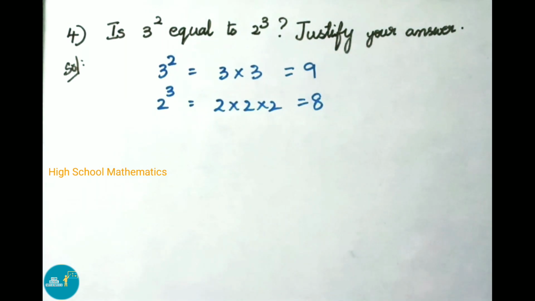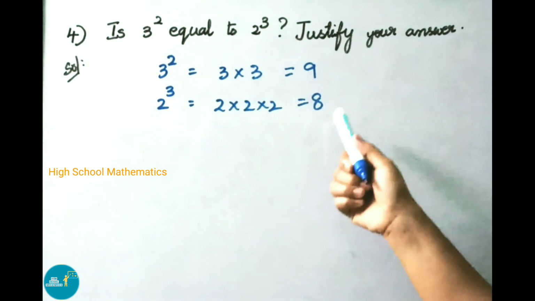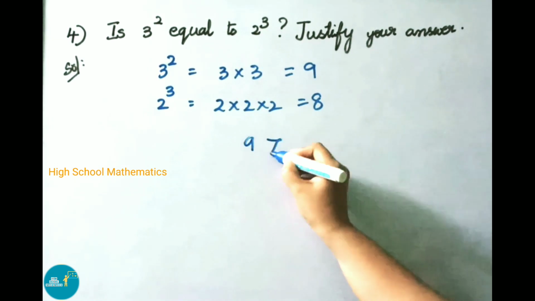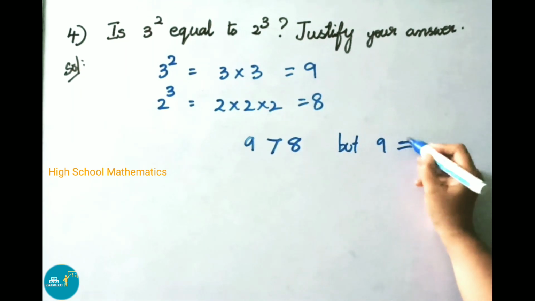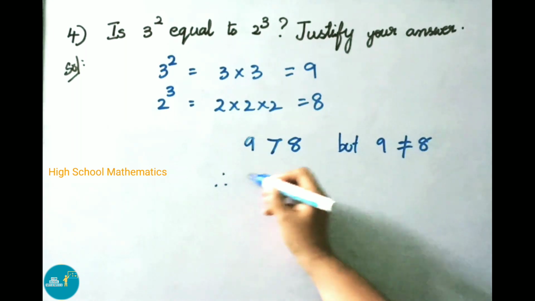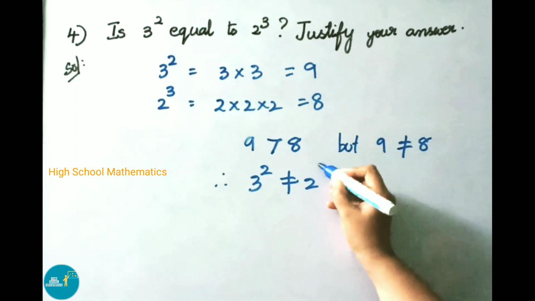In our question they ask whether 3 square is equal to 2 power 3. No. Here 3 square means 9 and 2 power 3 means 8. 9 is greater than 8, but 9 does not equal 8. Therefore, 3 square is not equal to 2 power 3.